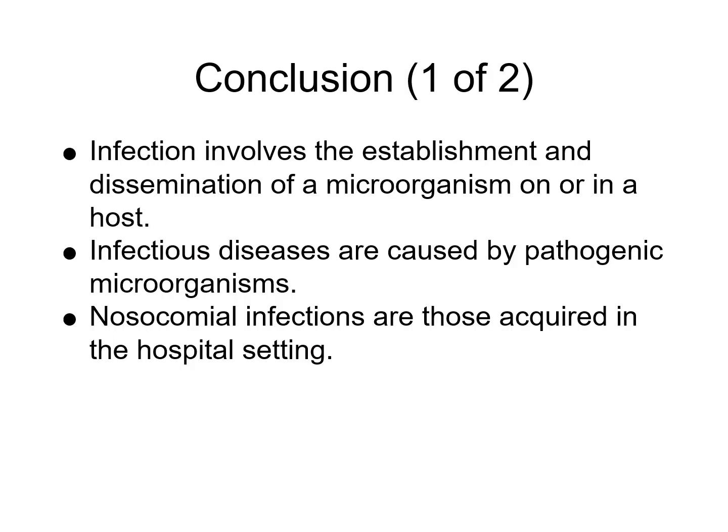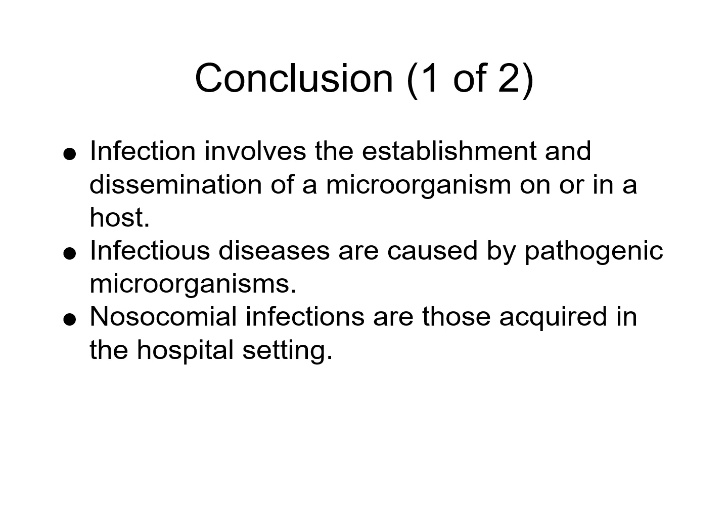All right, so infection involves establishment, dissemination, multiplication, and spread of a microorganism on or in a host. The disease process is caused by the presence of pathogens, that is, microorganisms that are hostile to us in various ways.